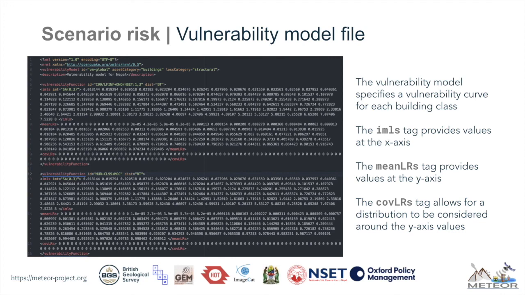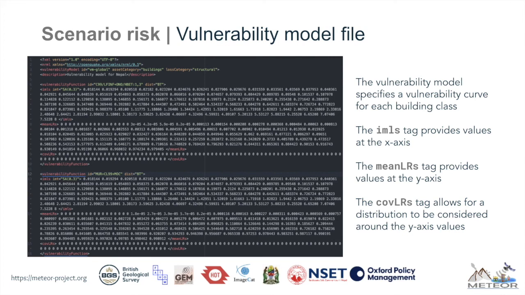Then, within each of these vulnerability function definitions, there are 3 additional parameters that are specified. The IMLs tag defines the x-axis values, as well as the units of the x-axis. The mean LRs tag defines the mean value of loss ratio given each of these x values, and that defines the values on the y-axis.